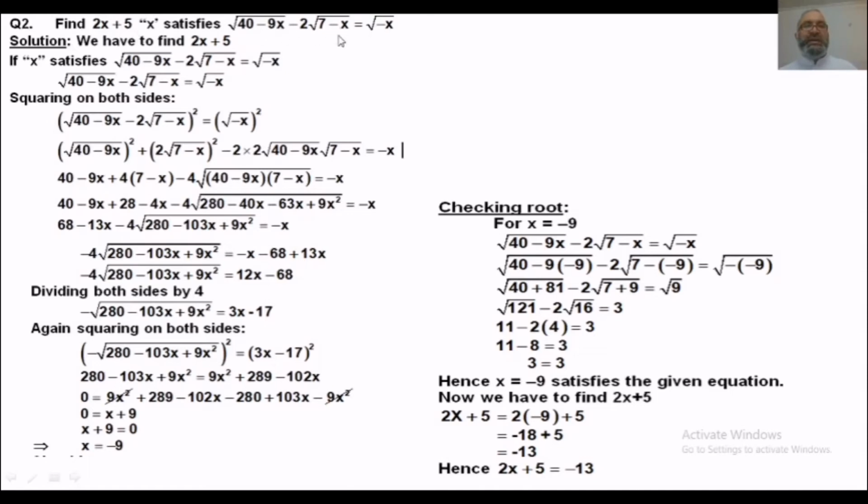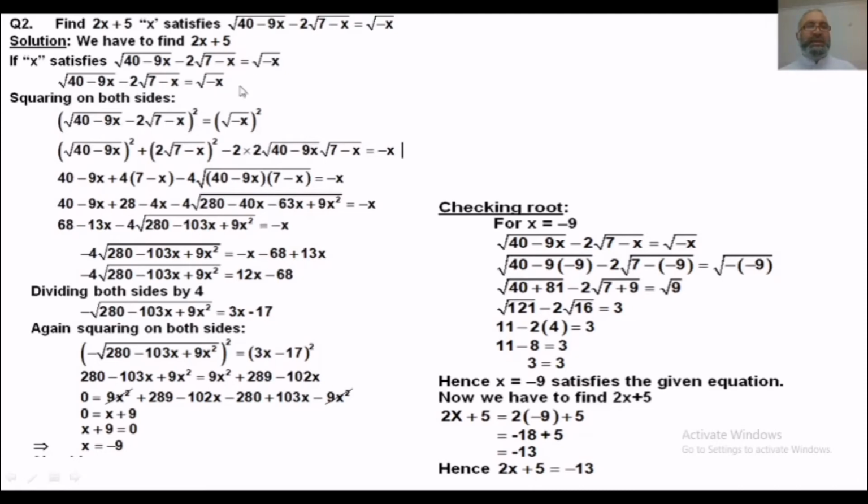Thus, the first step is solving this equation. Square root of 40 minus 9x, minus 2 square root of 7 minus x, is equal to square root of minus x. So this is a type 2 equation. There are three radical signs, so squaring on both sides. On the left side we have two terms, a minus b whole square.